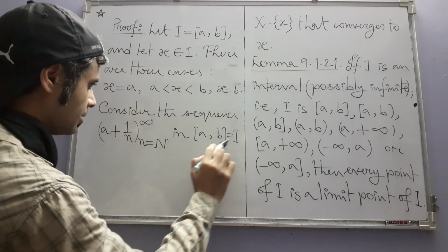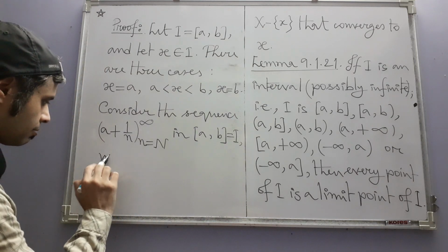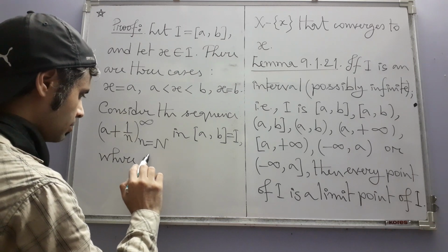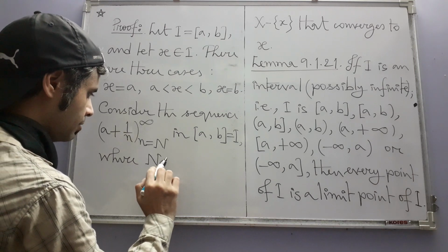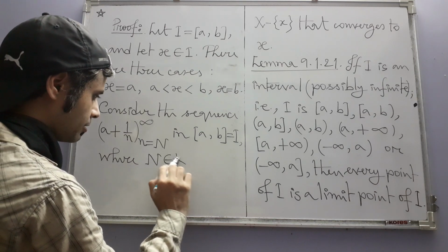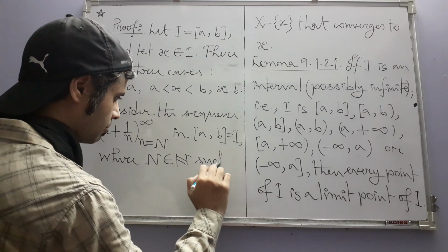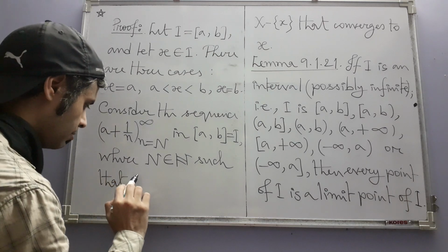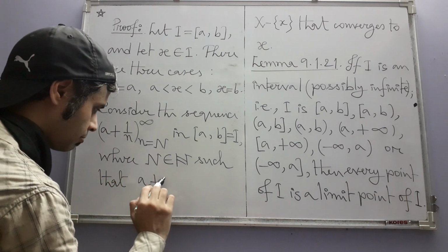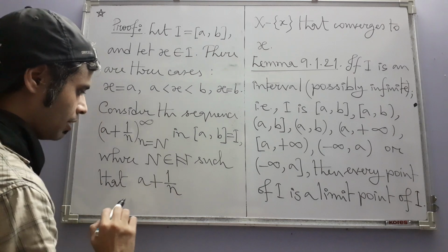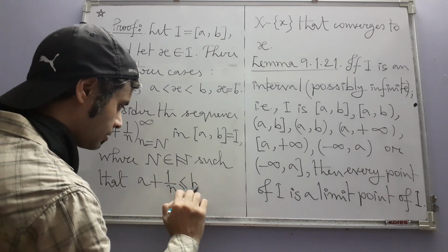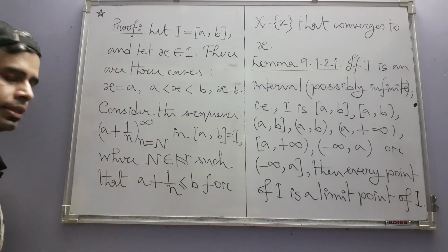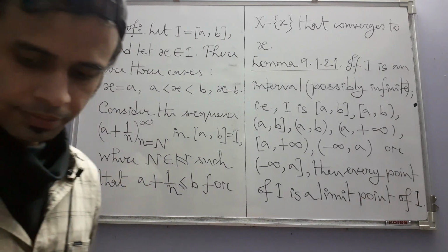But what is this capital N, where capital N is a natural number such that a plus 1 over n is less than or equal to b for all n greater than or equal to capital N.